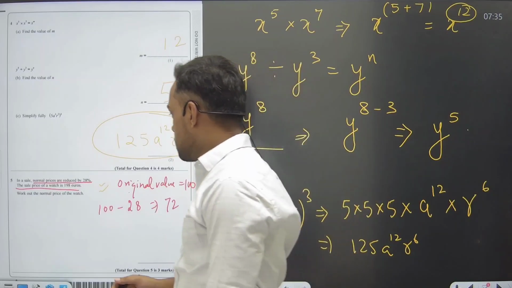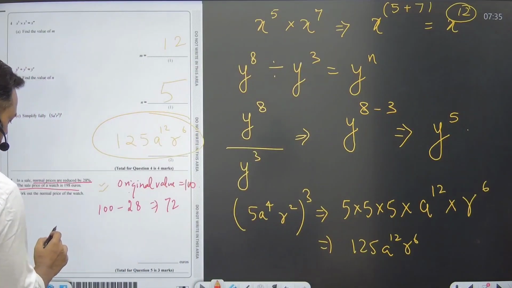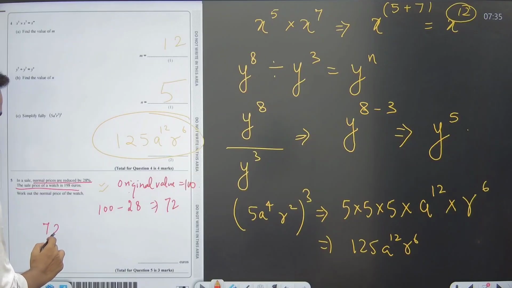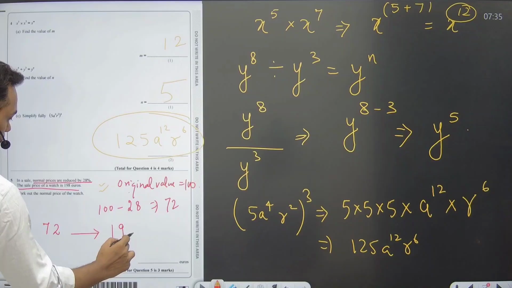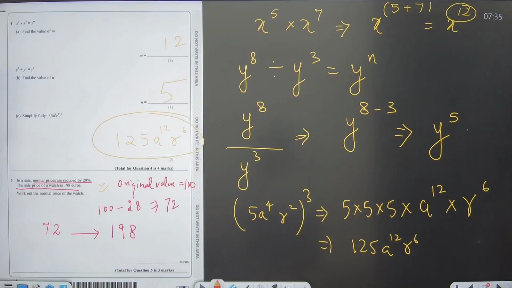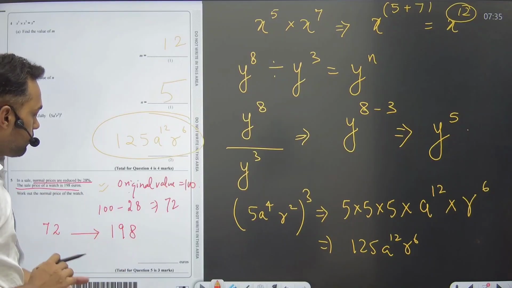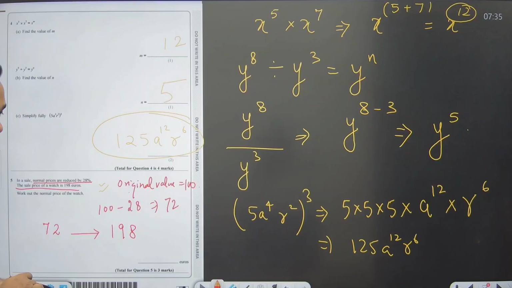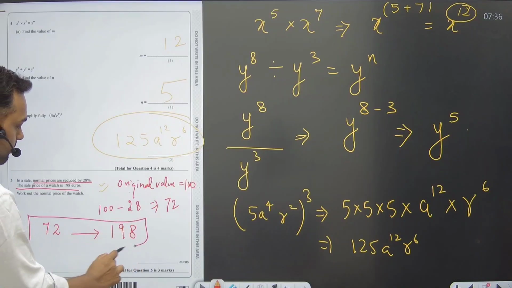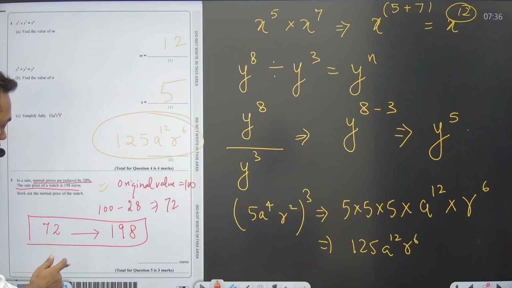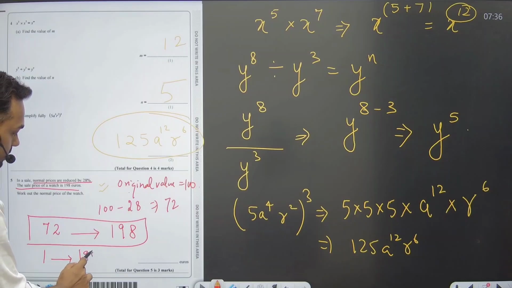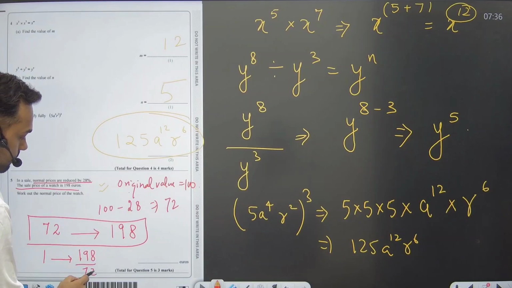Now we can see here that 72 is the cost value of the watch, which is equal to 198 euros. For this we need to apply the unitary method, students. For 72 it is given 198, so for 1 unit it will be 198 upon 72.